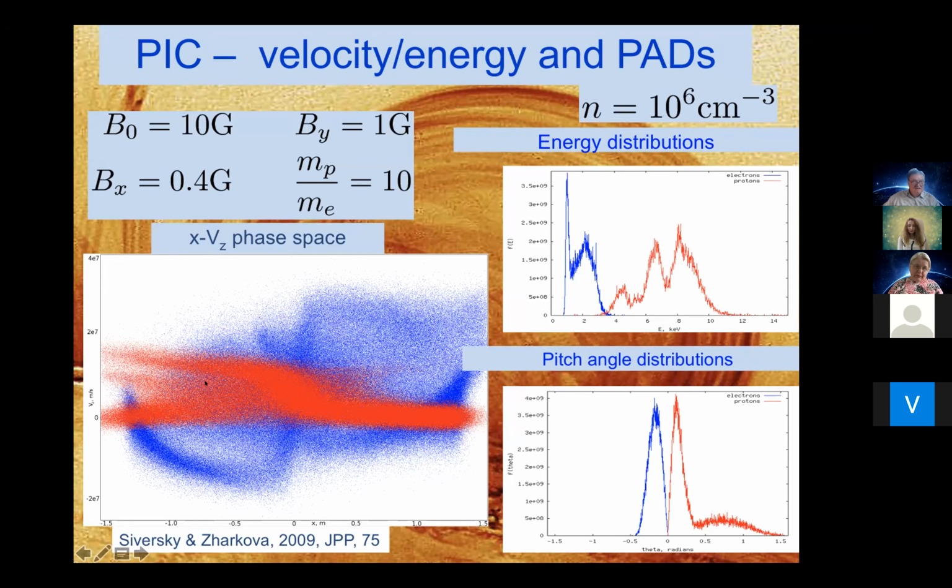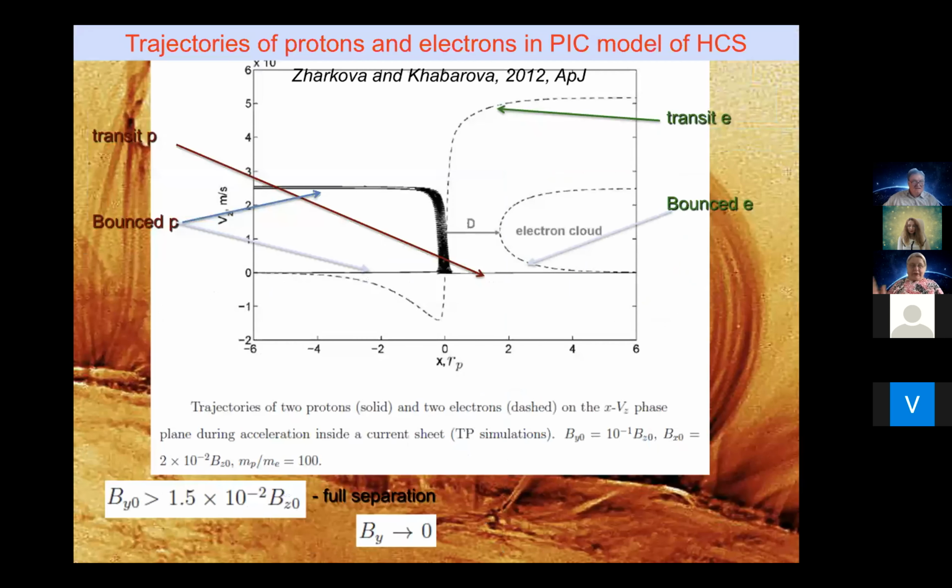If this beam is ejected, it has one energy for the lower energy and one energy for the high energy. We can also evaluate the pitch angle distribution depending on the magnetic field direction. So to summarize, what is happening with magnetic field topology?